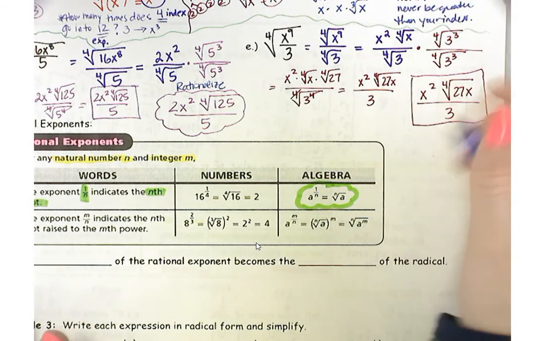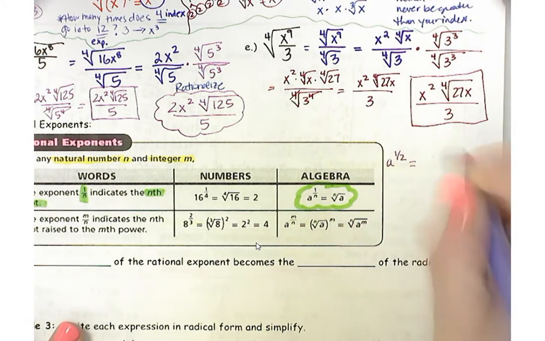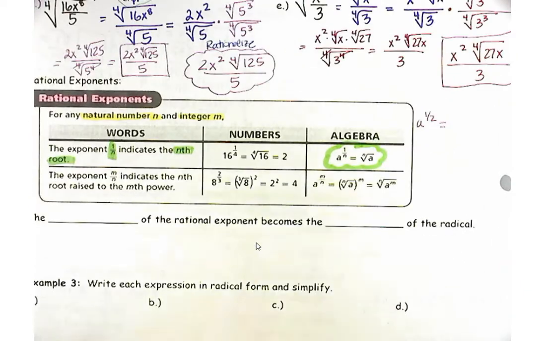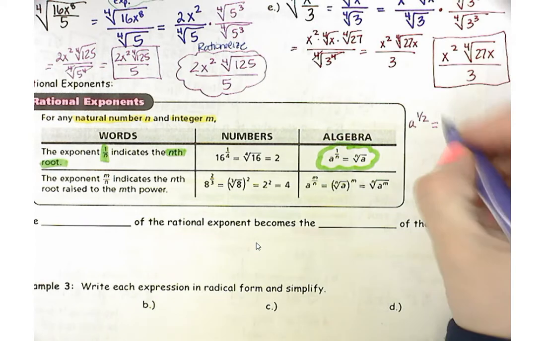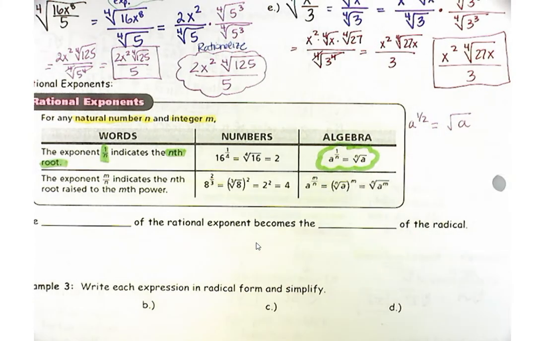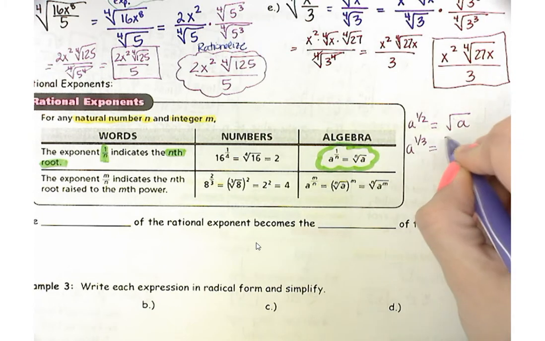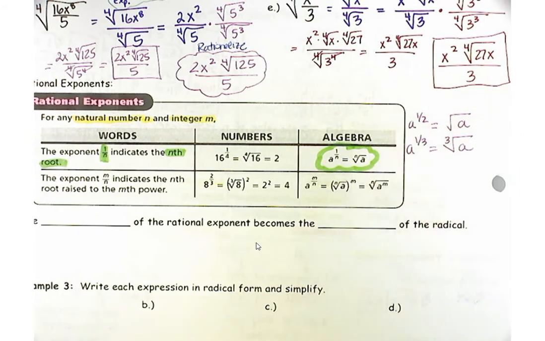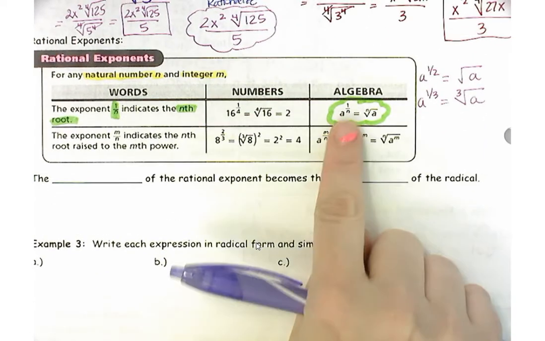Based on this, if you have m over n, you have the nth root to the power of m, which means the denominator of the rational exponent becomes the index, or root of the radical.